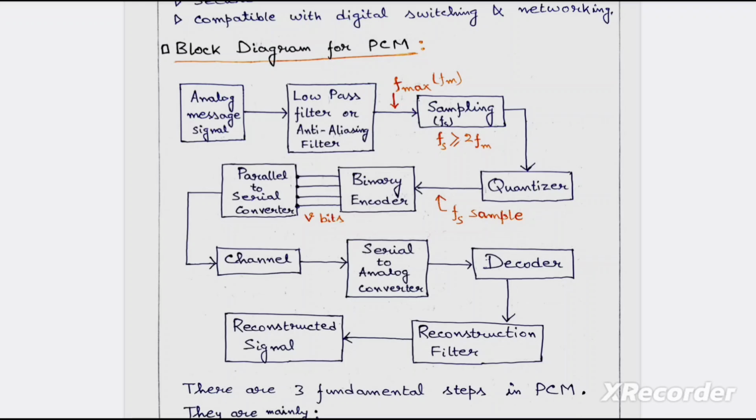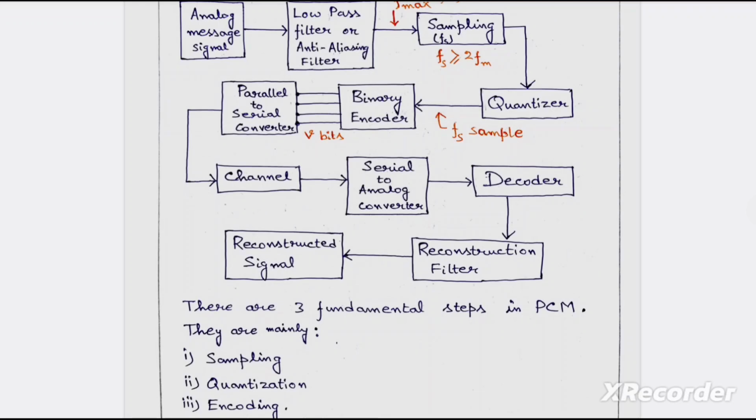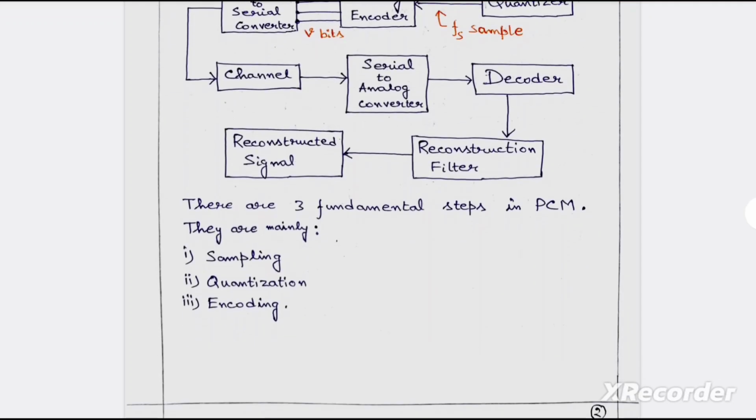After sampling, it will be passed through the quantizer, the binary encoder, the parallel to serial converter, to the channel, serial to parallel converter, decoder, reconstruction filter, and finally we get the reconstructed signal. These are the three fundamental steps in PCM. They are mainly sampling, quantization and encoding.